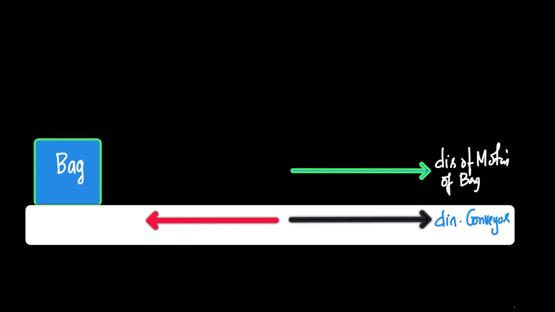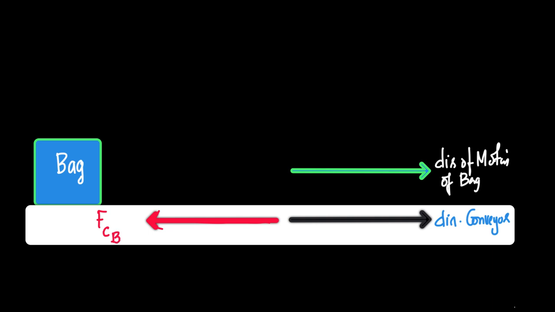Now, if the conveyor is moving towards the right, tell me what would be the friction which is acting on the conveyor due to the bag? Friction will oppose the relative motion, right? So this vector here would be the vector which shows friction acting on the conveyor due to the bag.